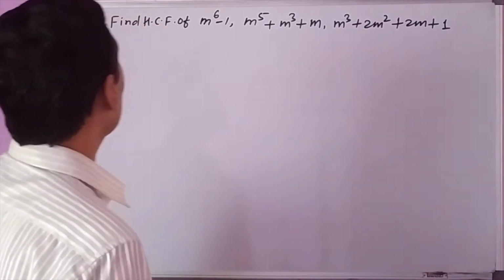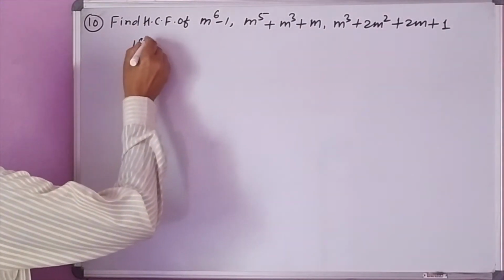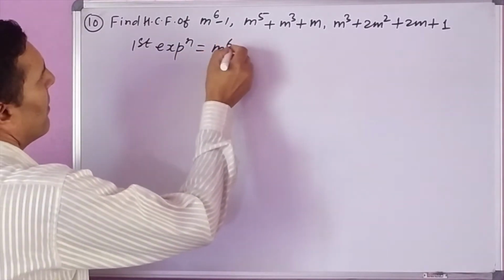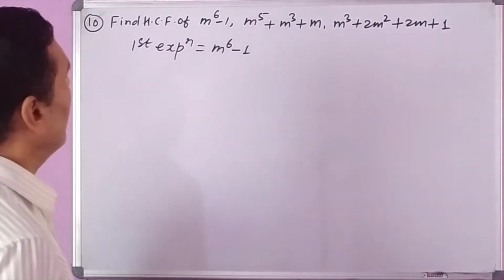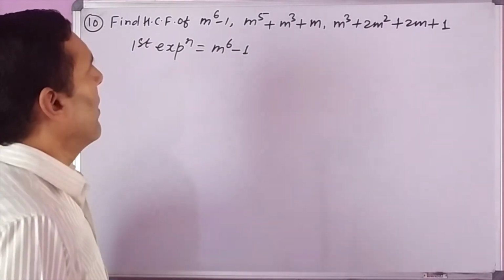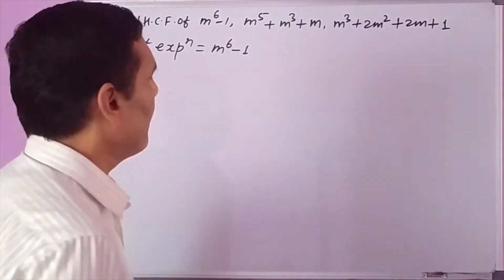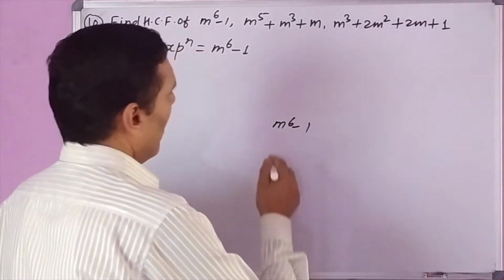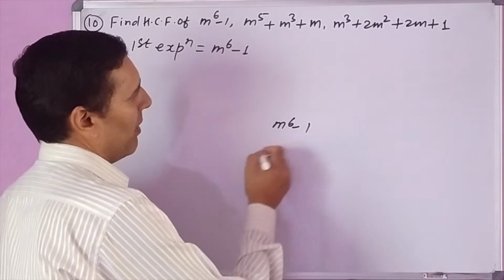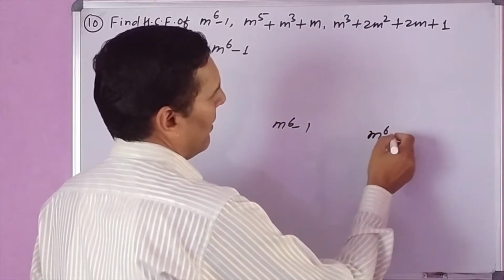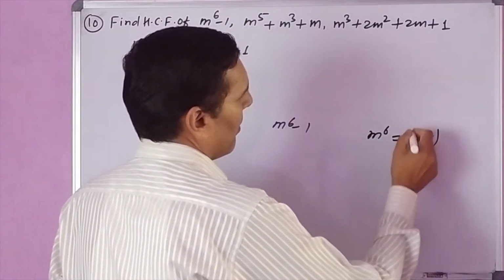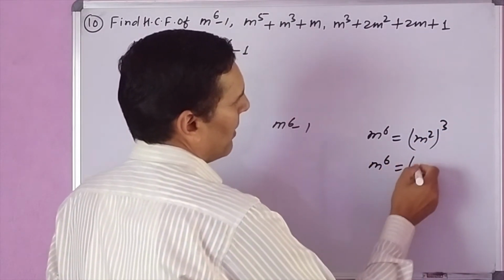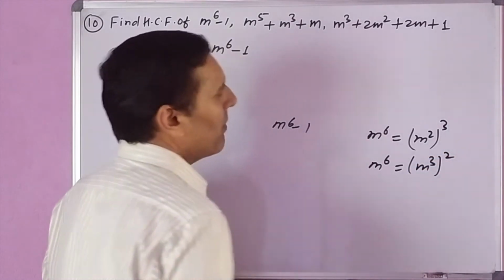Look here now. Our first expression is m to the power 6 minus 1. How can this expression be factorized? There are two techniques. For m power 6, we can write m square whole cube, or we can write m cube whole square as well.